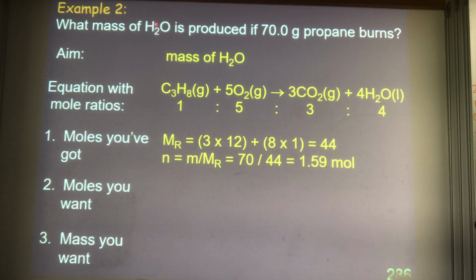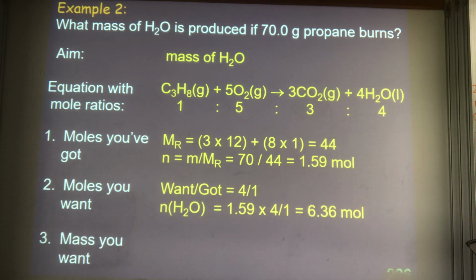We want water. What have we got? We've got propane. Water over propane, 4 over 1. So we're going to multiply our moles of propane by 4 over 1. That tells us how many moles of water is produced.